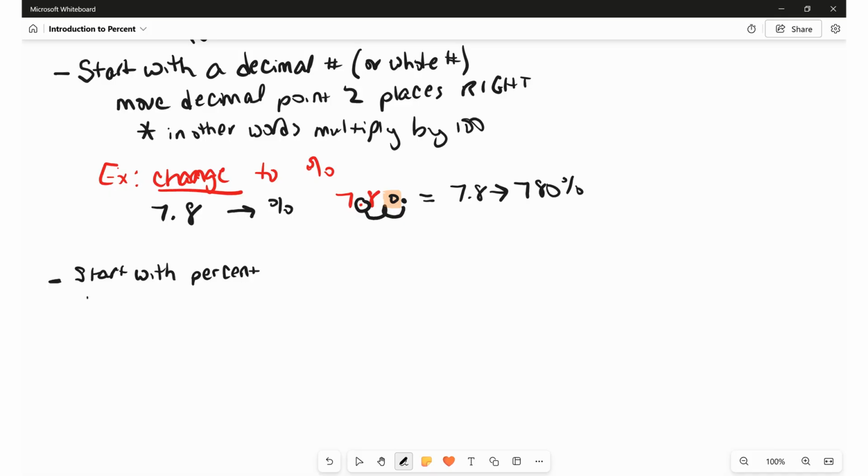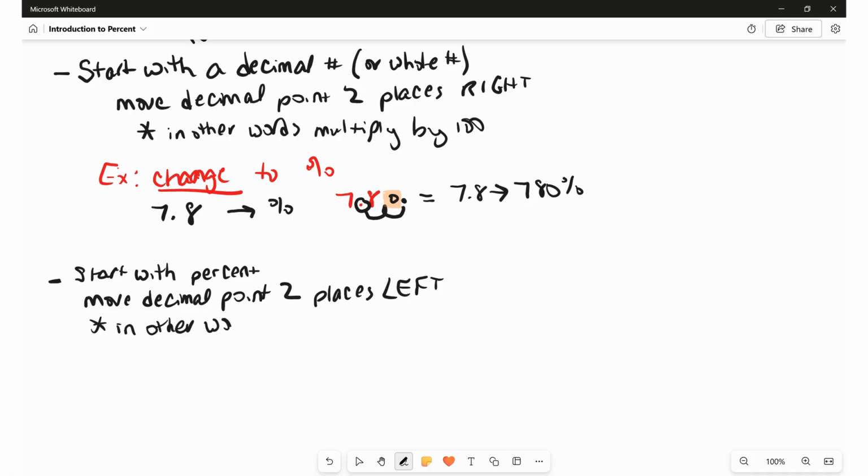So we are going to move the decimal point two places left, or in other words, divide by 100.